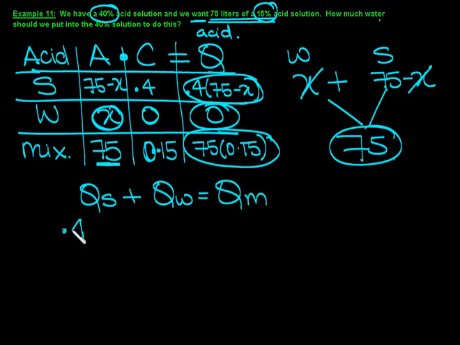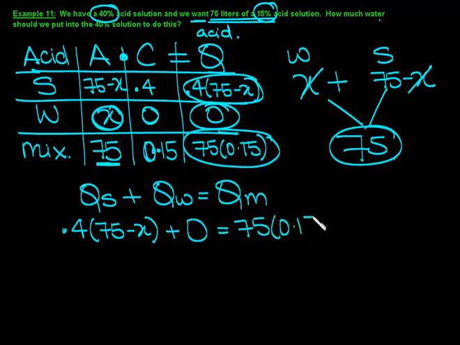So in the solution it is 0.4 times (75 minus X). In water it is 0, and out here it is 75 times 0.15.